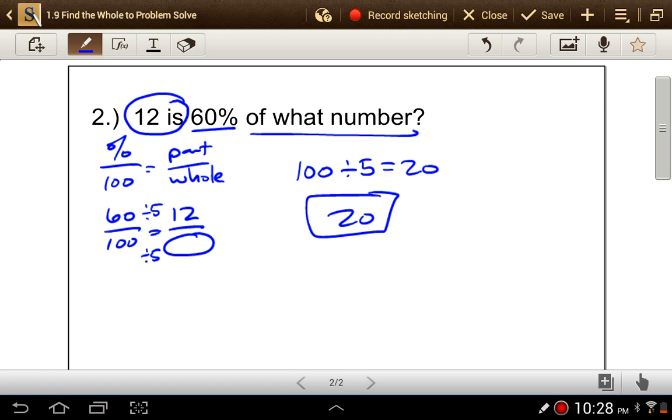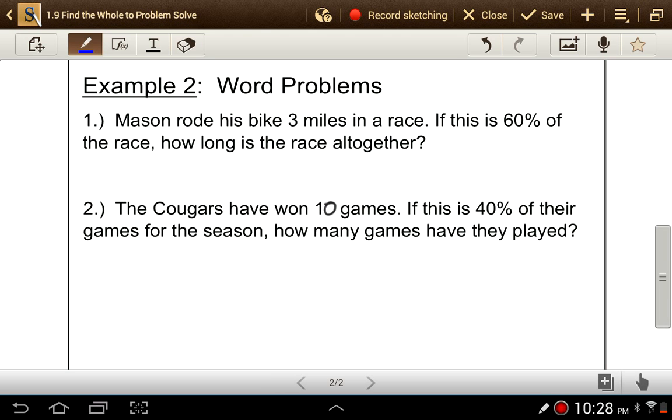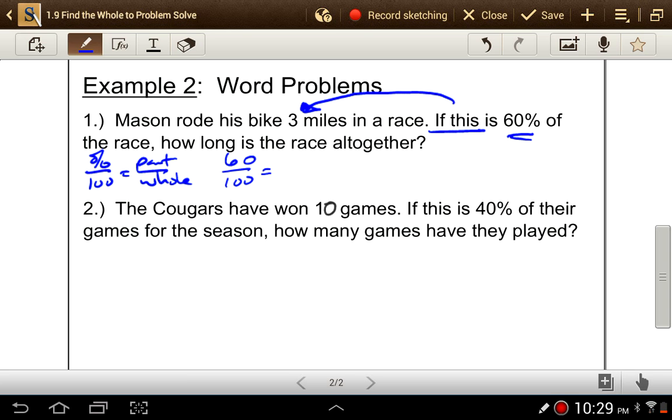Okay, let's go to our last example, word problems. Same thing with word problems. Mason rode his bike 3 miles in a race. If this is 60% of the race, how long is the race altogether? Percent over 100 equals part over whole. The percent is 60, so it's going to be 60 over 100 equals, it says if this referring to the 3 miles, so that's the part.